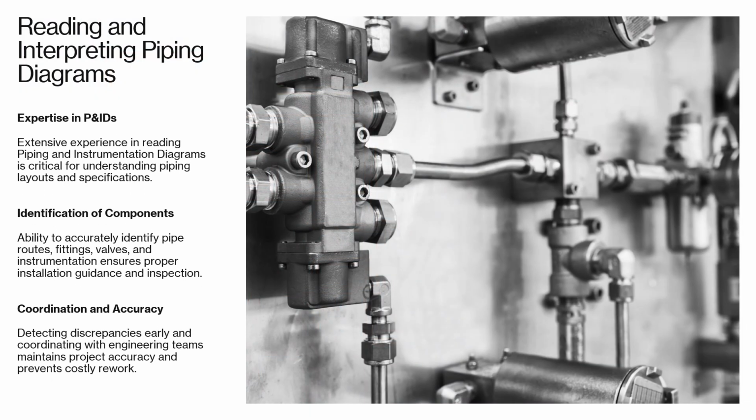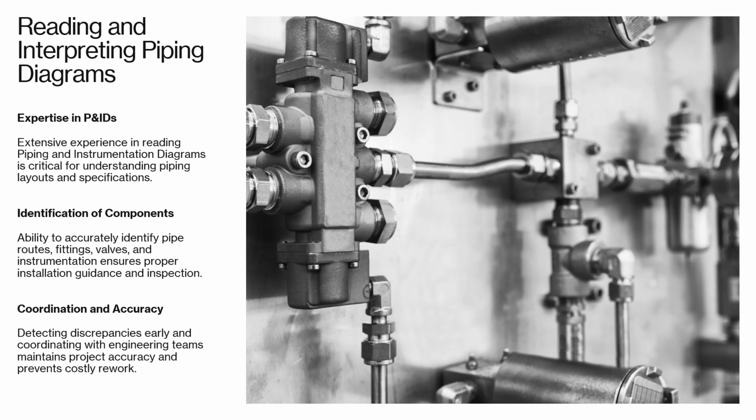So first thing, friends, when it comes to interviews, people mostly ask you questions about piping and instrumentation diagrams. They ask you what your experience is with piping and instrumentation diagrams, what they do, and what the role of those diagrams is.